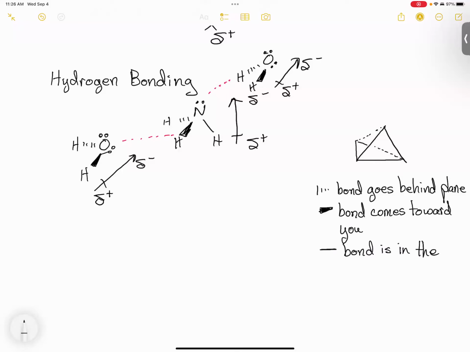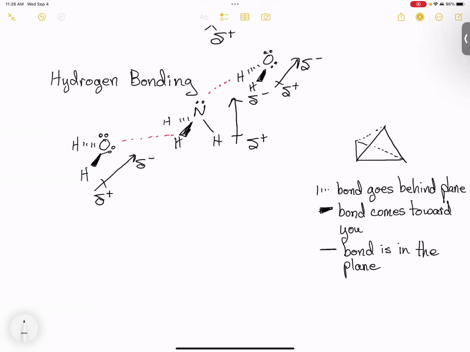This is a notation that you do need to get used to because you're going to use it. I'm going to use it a lot during this class, but you're also going to see it in organic chemistry. So basically, my head represents the central atom. For oxygen, there's a lone pair up here.